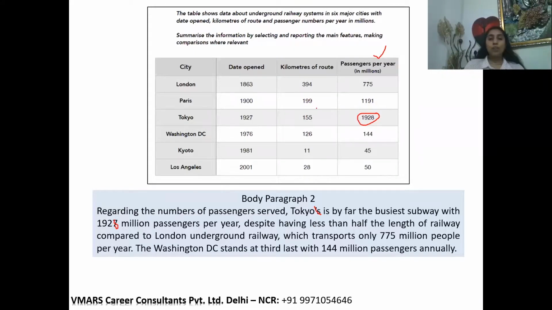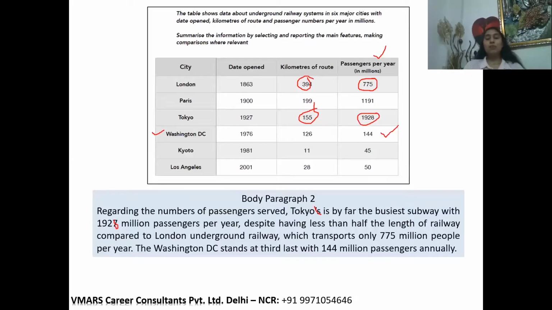Here you compare the length, it is 155, this is 394. It has half the kilometers, or the distance of the railway where it is spread out, compared to the London Underground Railway, which transports only 775 million people per year. Washington DC stands at third last with 144 million passengers annually.